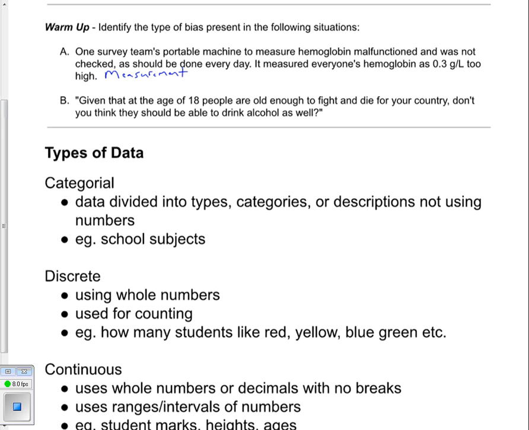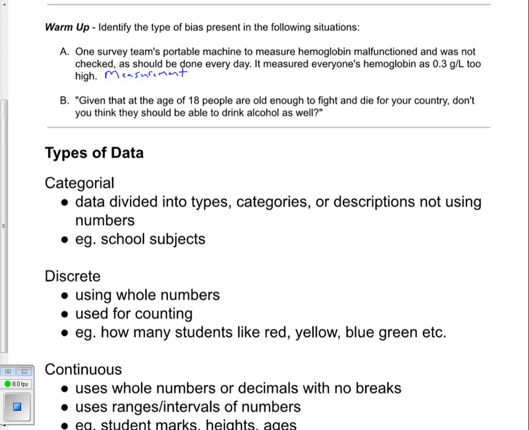However, by putting in that first part of the sentence that says, given that at the age of 18 people are old enough to fight and die for your country, the person who's asking the question is giving information that is not necessarily pertinent to their issue at hand. And so they're trying to influence your decision. They are actually asking what we call a leading question.